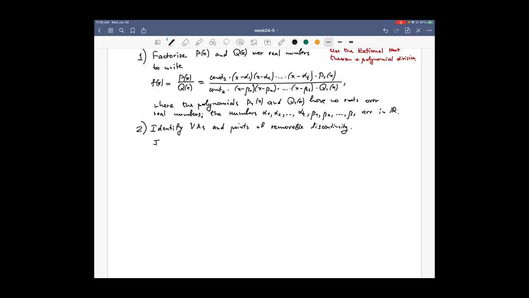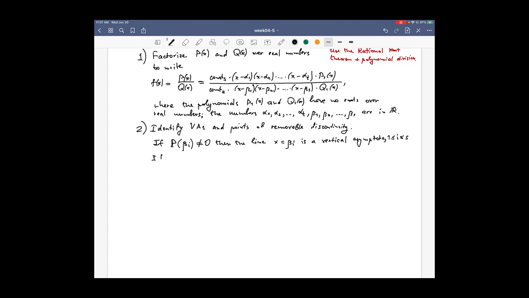If the numerator p at some point beta I is not zero, then the vertical line x equals beta I is a vertical asymptote, because that beta I is a root of the denominator, but not a root of the numerator. Here I is an index from 1 to s.